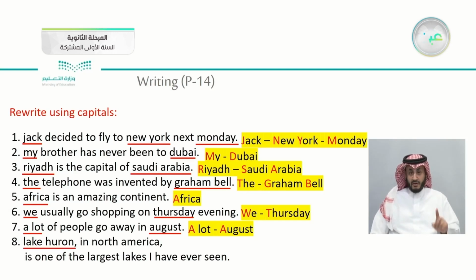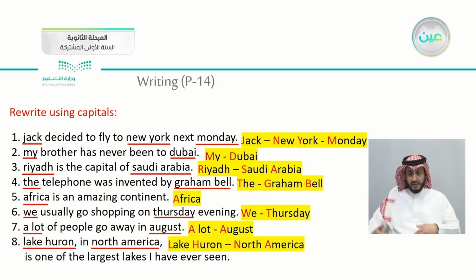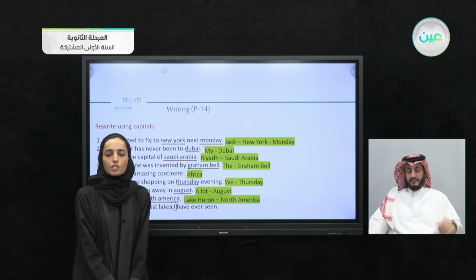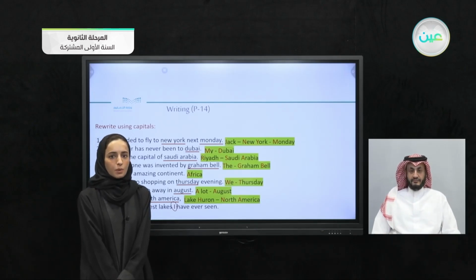Lake Huron, and we're also having North America. So Lake, because it is at the beginning of the sentence. Huron because it's a name. North America is a name as well. And I want you to notice here that this one, the pronoun I, is always in capital. Okay, so these they are an easy one.